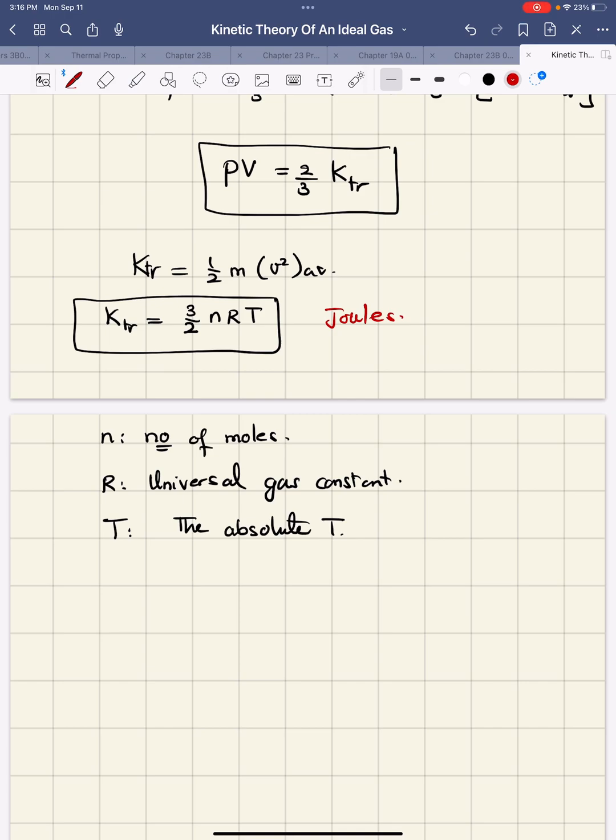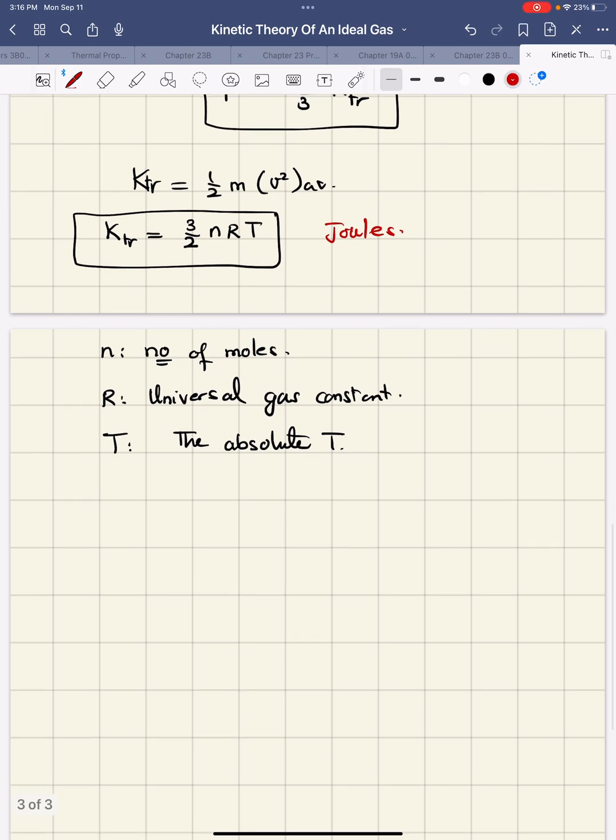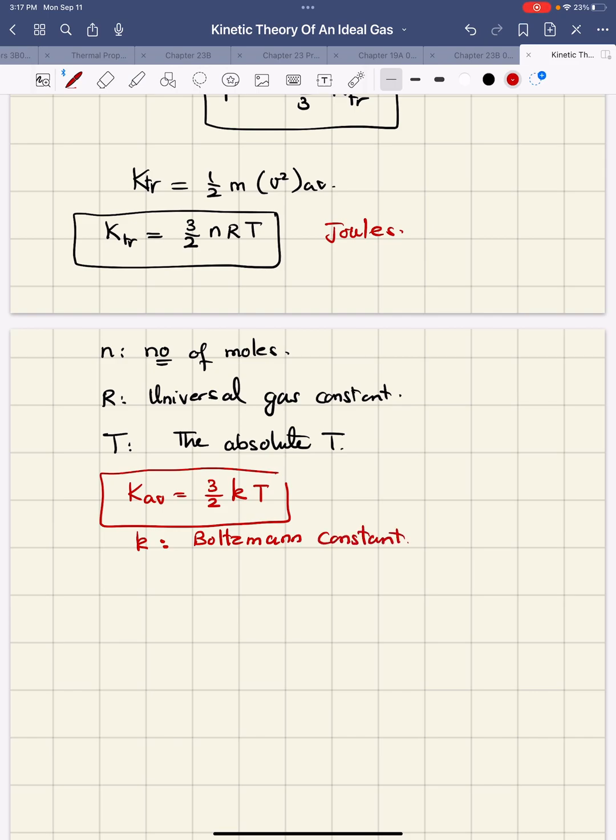Also, we can rewrite that expression as having K average as 3/2 kT. Now that k here is called the Boltzmann constant. It equals R over NA.